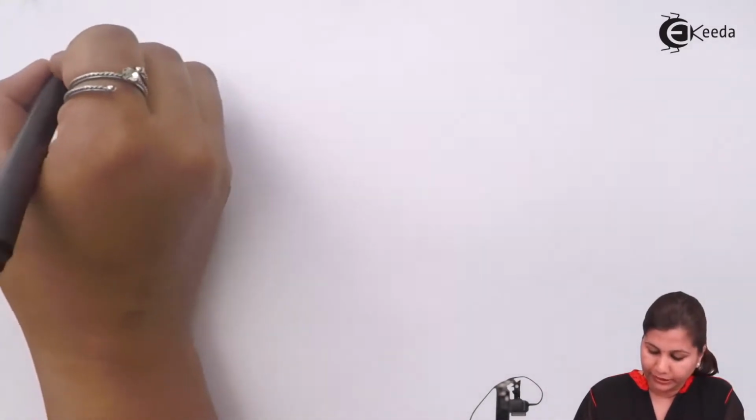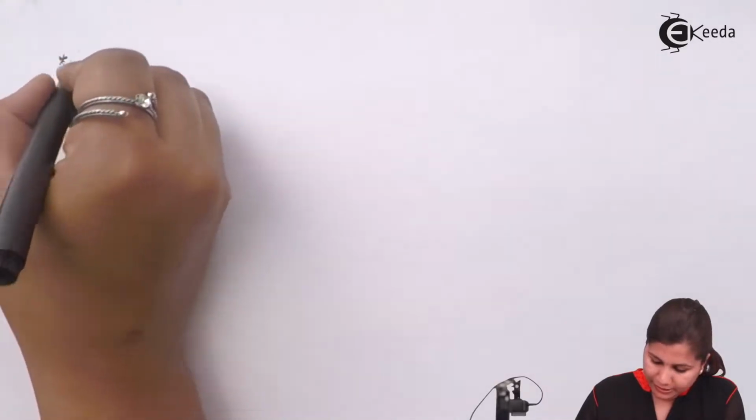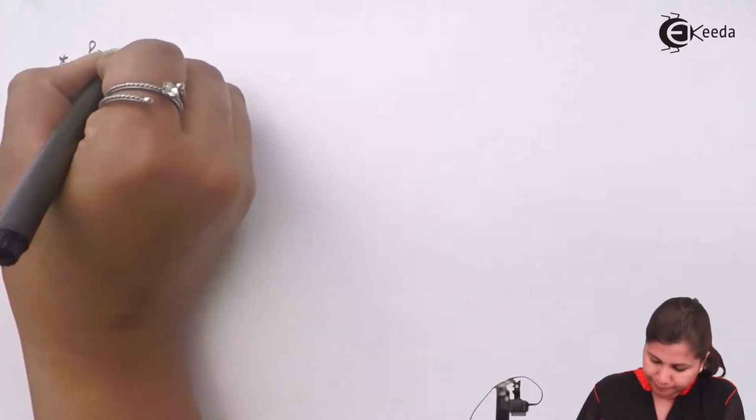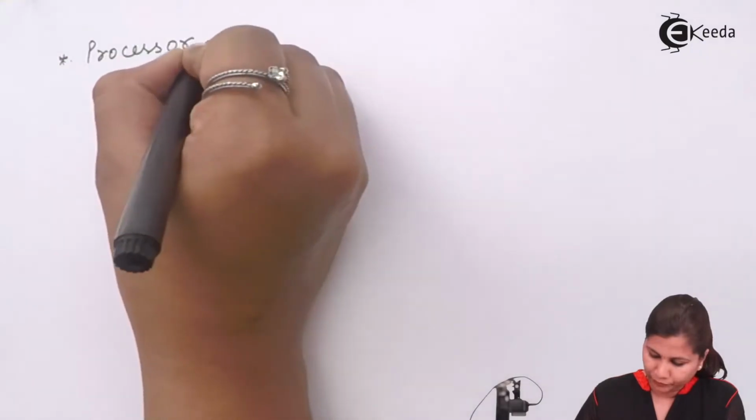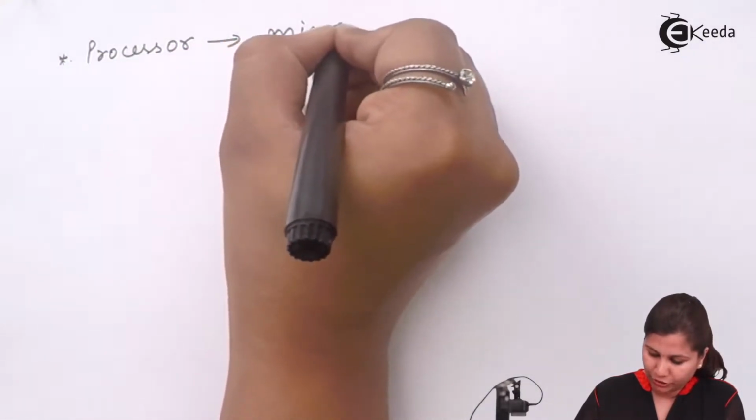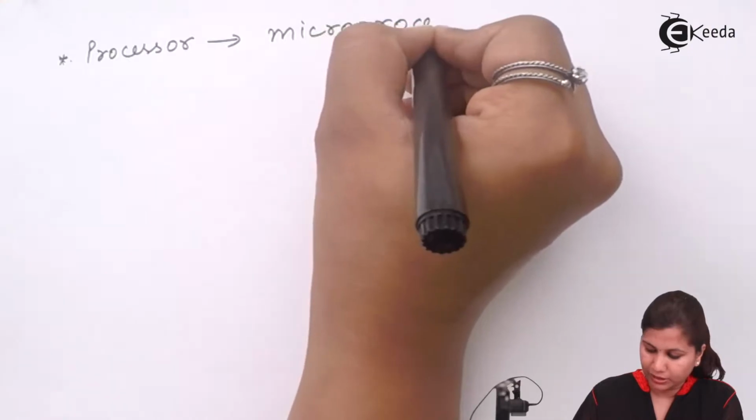Now, as I have said, in the embedded system we have the hardware part, and in the hardware we have the microprocessor or the processor. The processor is the main part of the embedded system because it does all the processing over the data. Generally, microprocessors are used in embedded systems.